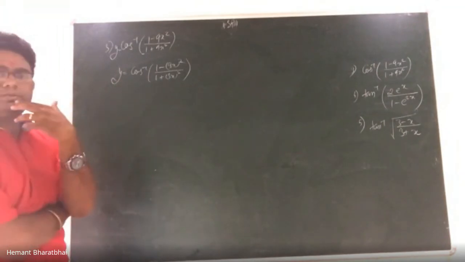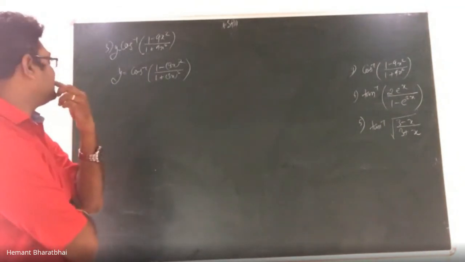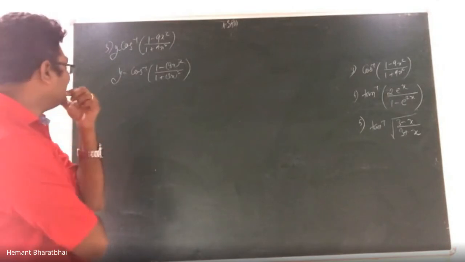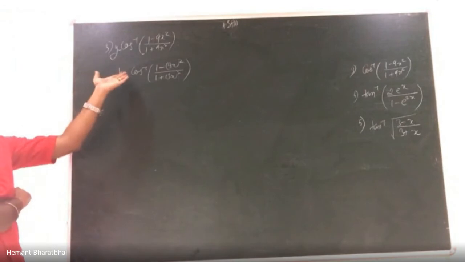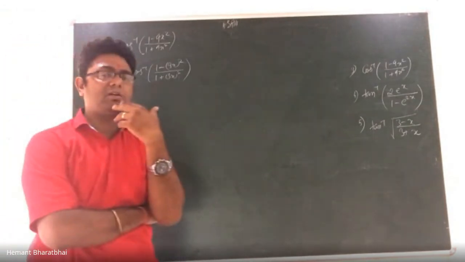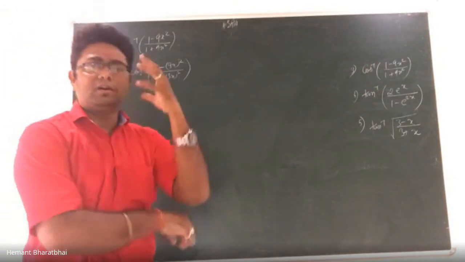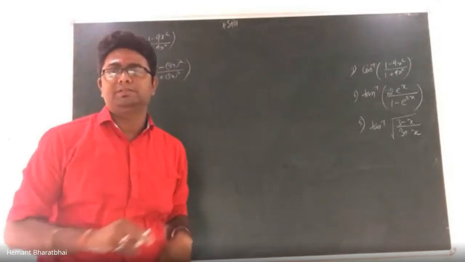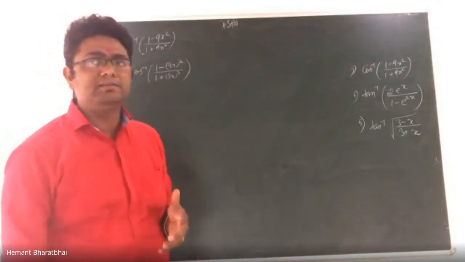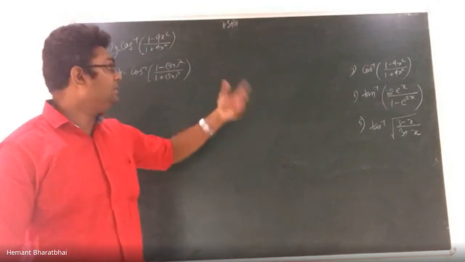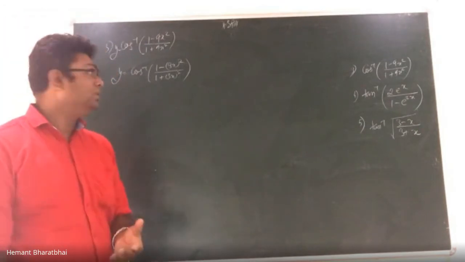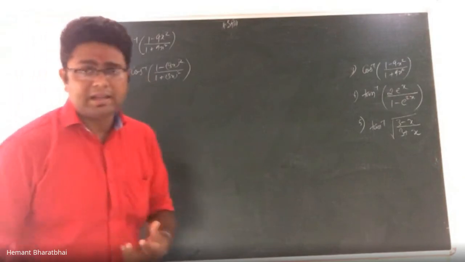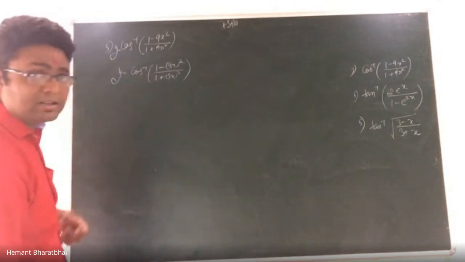Now we are going to see one more thing, which we call substitution. Whenever we have something like cos inverse, we can always think about cos inverse getting cancelled, or tan inverse getting cancelled. Previously also we did two numericals like this, so from the same point of view, here also we have to think, can I get cos over there?